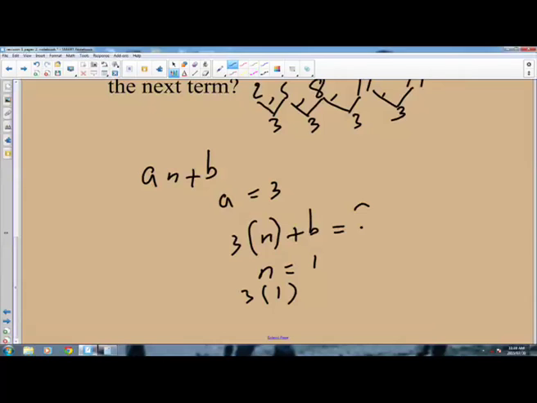N is the position, so n is 1. 3 times 1 plus b is equals to, what is the term at position number 1? The term at position number 1 is 2. So this simply means 3 times 1 plus b is equals to 2, meaning 3 plus b is equals to 2.